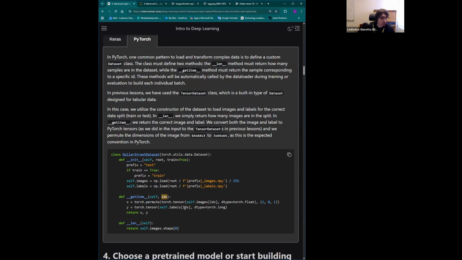So if we look at what we're doing here, we are using this class to load a specific split. We decide whether we want the test or the train split and load the correct images and labels. And one important thing that we do is that we scale this down.